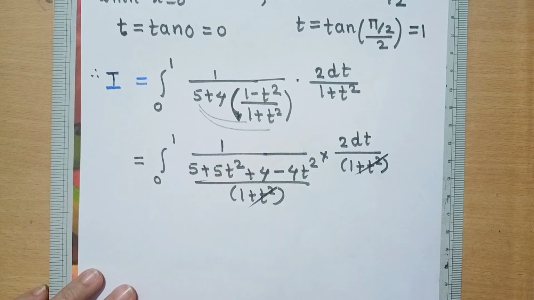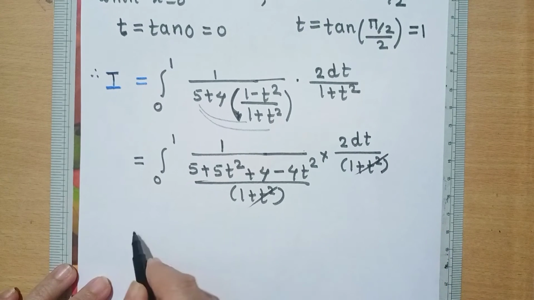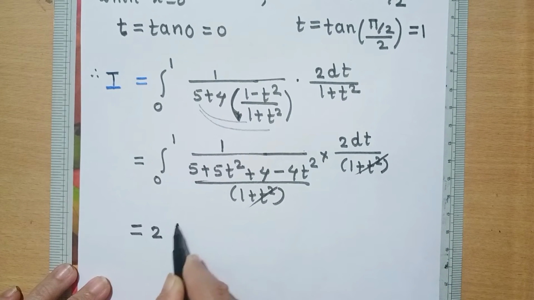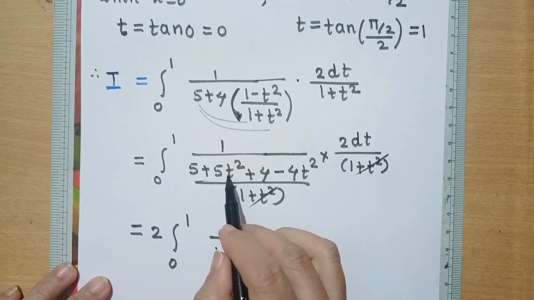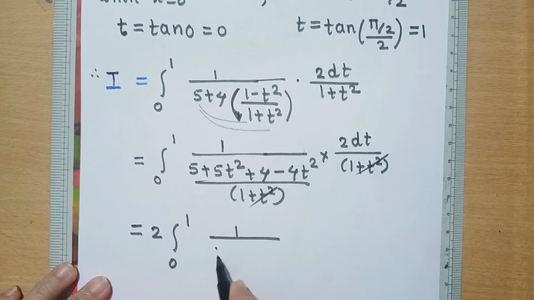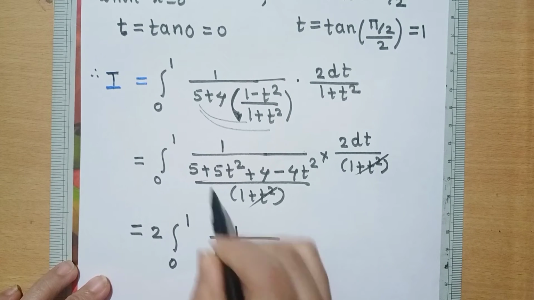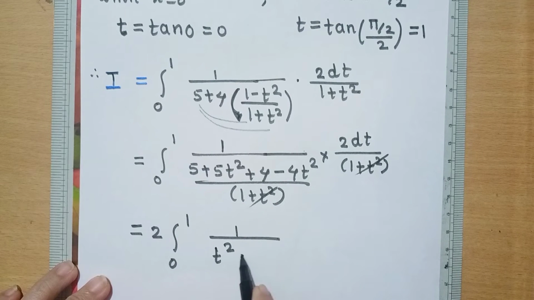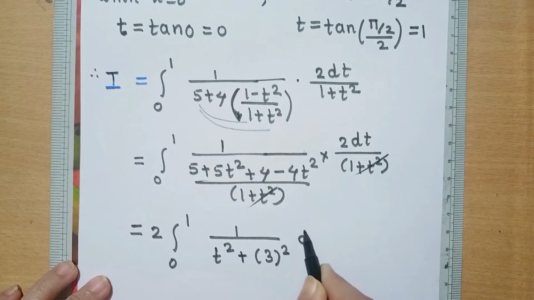Same term, upside downside get cancelled. We will take these two constants outside, 0 to 1. 5t square minus 4t square, simply t square, and 5 plus 4 is 9. We will write 9 as 3 square into dt.